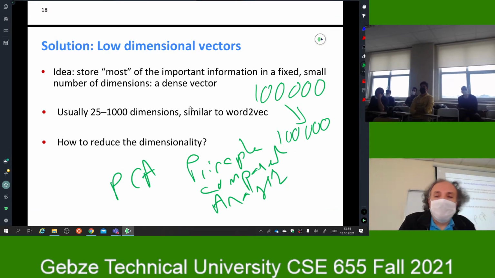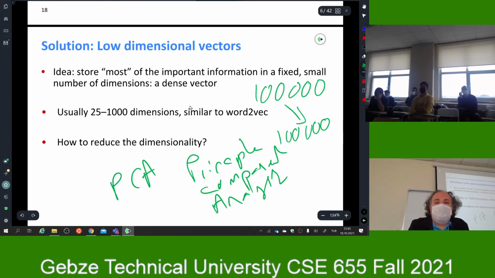But the thing is that your dimensions are ordered in a way that your most important dimensions are at the beginning. The importance of your dimensions in the original space, I don't know. But in this space, you know the importance of those dimensions. So if you say that I am going to take only the first 100 dimensions and ignore the rest, then it works very well for many applications. PCA is something like that.